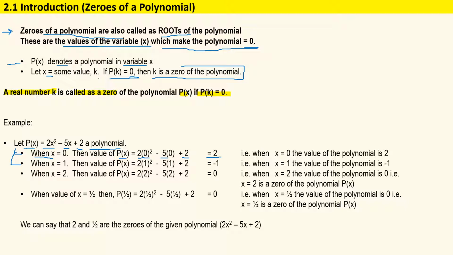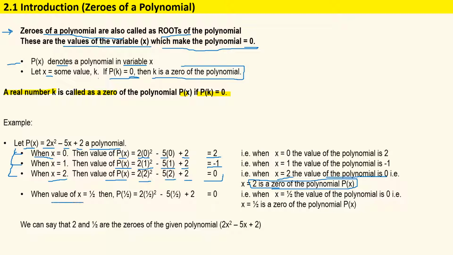And when x is equal to 1, the value of p(x) becomes 2 multiplied by 1 squared minus 5 multiplied by 1 plus 2, which is equal to minus 1. And when x is equal to 2, then the value of p(x) becomes 2 multiplied by 2 squared minus 5 multiplied by 2 plus 2, which is equal to 0. That is, we can say that when x is equal to 2, the value of the polynomial is 0. That is, 2 is a zero of the polynomial p(x).